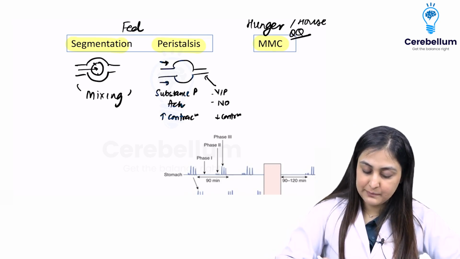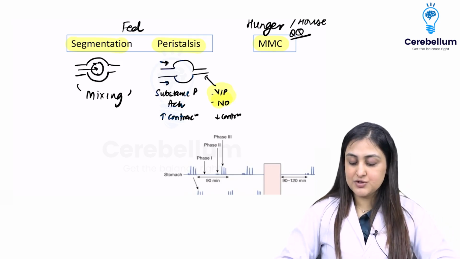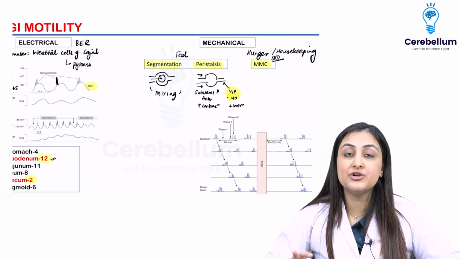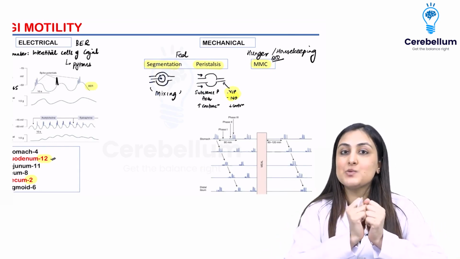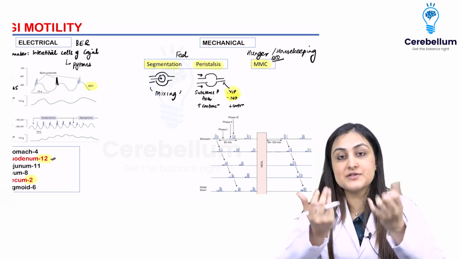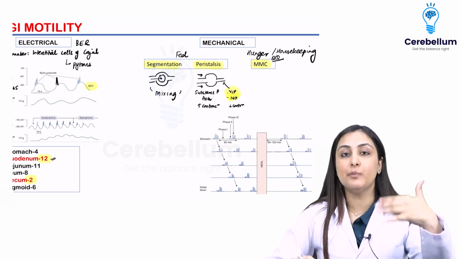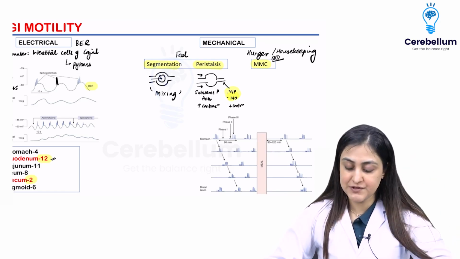This is very important because in achalasia cardia, as we have already seen in surgery, VIP and NO, the inhibitory neurotransmitters, are absent, and that is why you have failure of peristalsis. There is failure of relaxation and no peristalsis happens. So this tells you the importance of the inhibitory neurotransmitters as well.